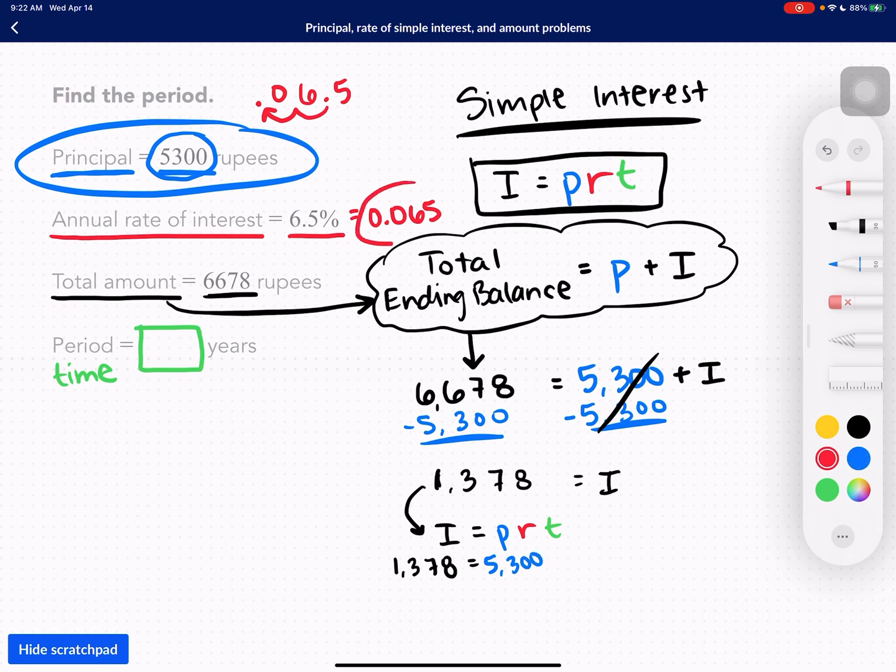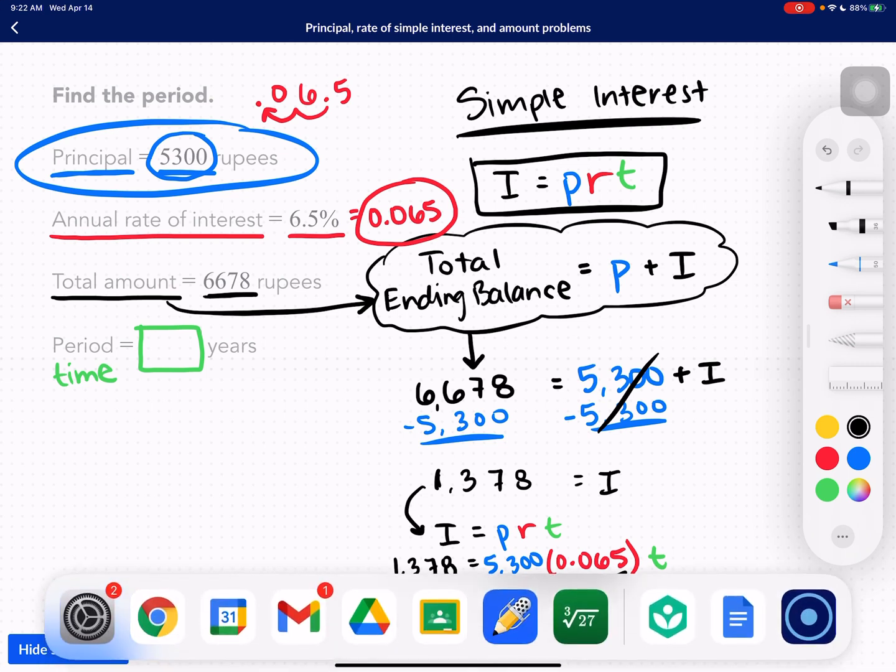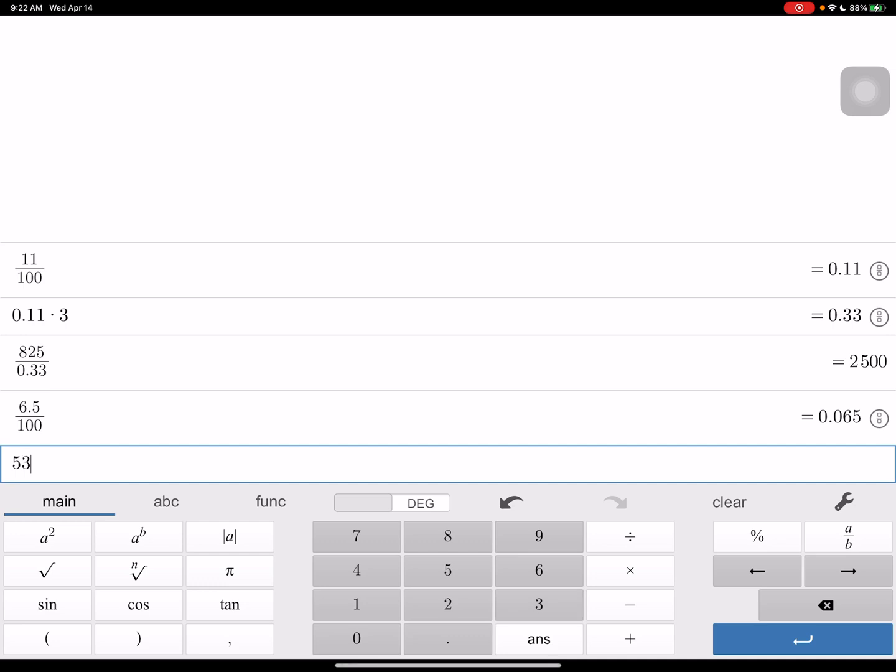We know that the rate is 0.065, and we do not know t. We do not know the time, and that's what they're asking for. So now what I can do is multiply these two together. So I can do 5,300 times 0.065. I get 344.5.